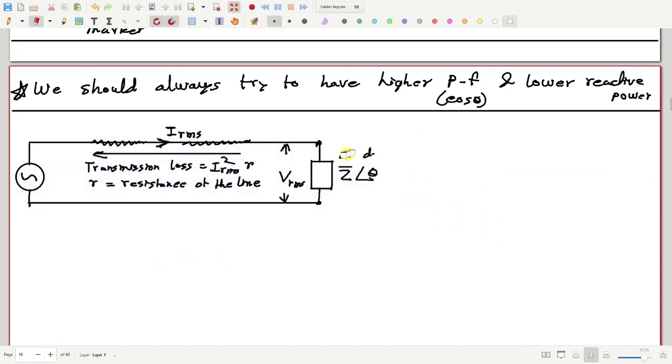Okay, so suppose here this Z is equal to R plus j omega L, some resistance and some inductance.